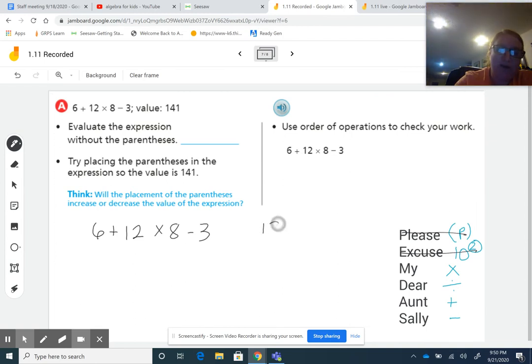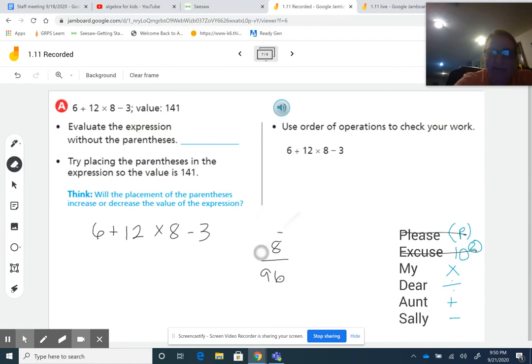We have 12 times 8. And 12 times 8 is 96. If you don't know that, you'd do 8 times 2, that's 16. And then 8 times 1 plus 1 is 9, so 96.